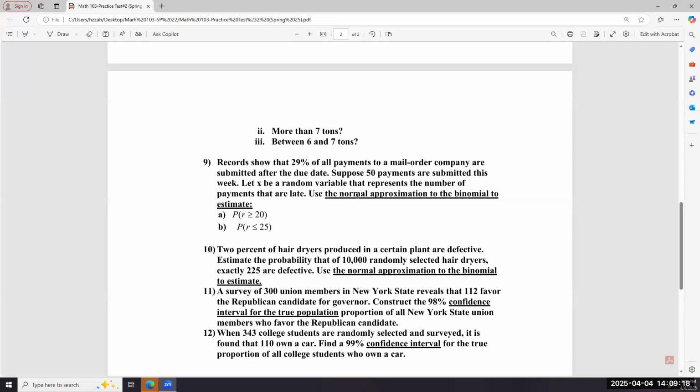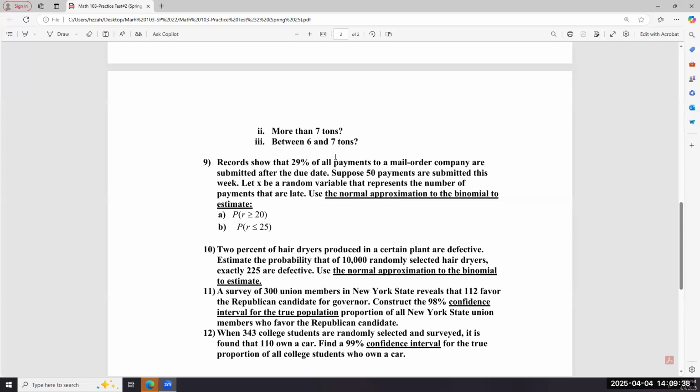We want to approximate this by a normal distribution. Now, how are we going to approximate it with the normal distribution? If the sample size is big, there are two conditions to check. Remember, n times p must be greater than 5, and n times q must be greater than 5.